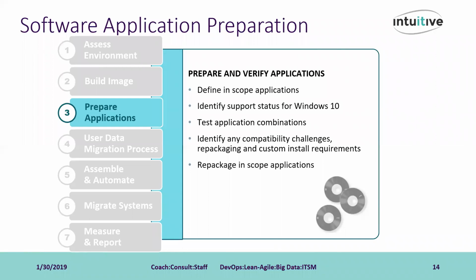An important prerequisite to this step is having that complete listing of all software currently installed. So leveraging our software inventory. Again, this can be based on metering and software inventory reports.